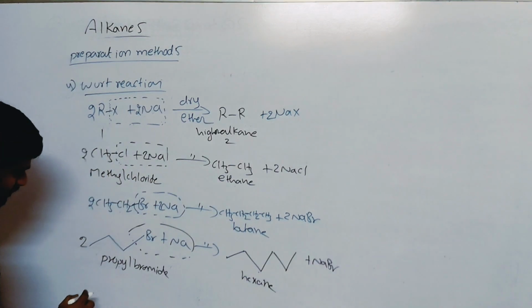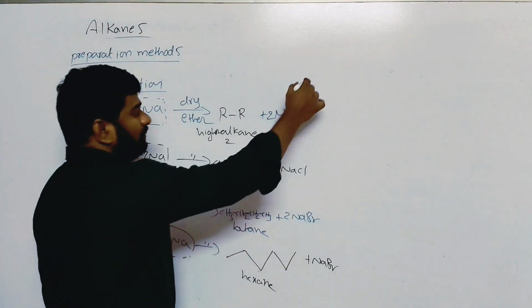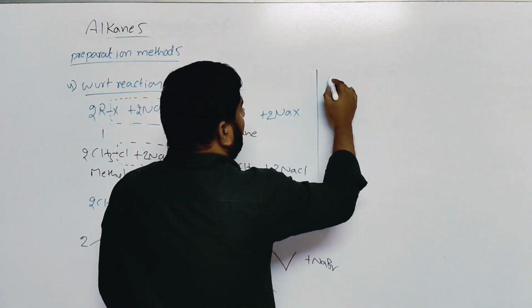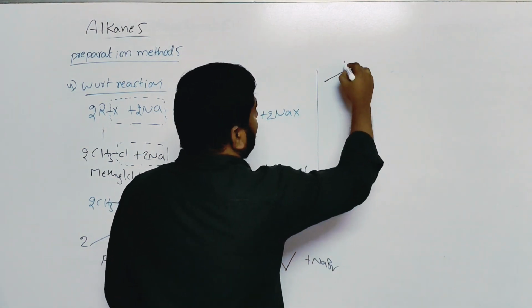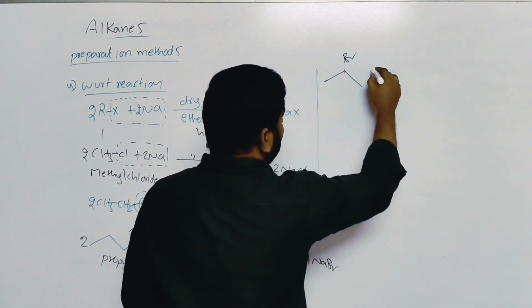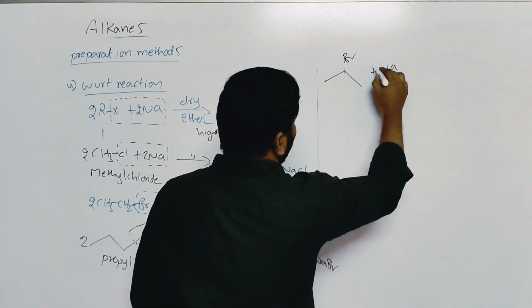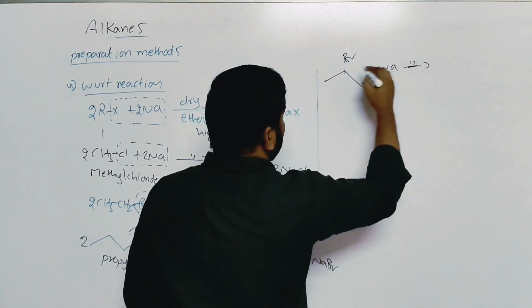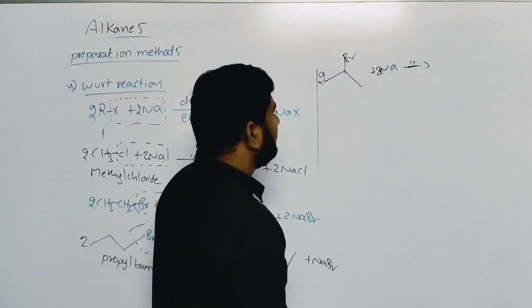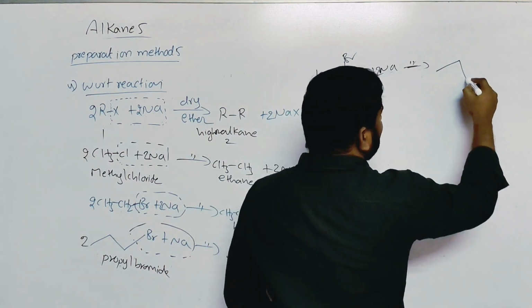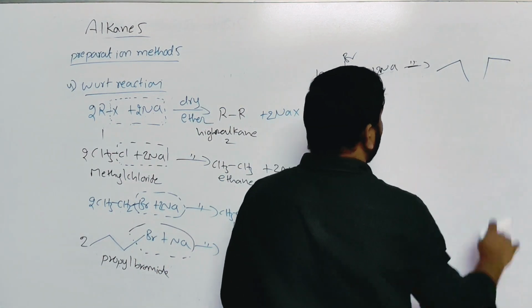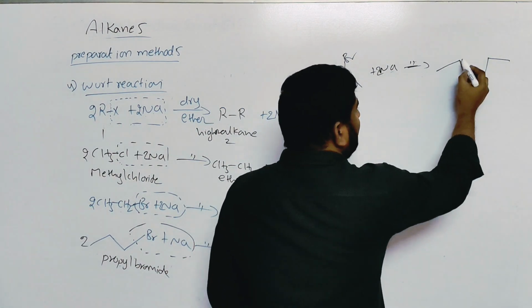If you take isopropyl bromide, for example, heating with sodium metal in the presence of dry ether, what is happening here? You have to write two isopropyl groups.